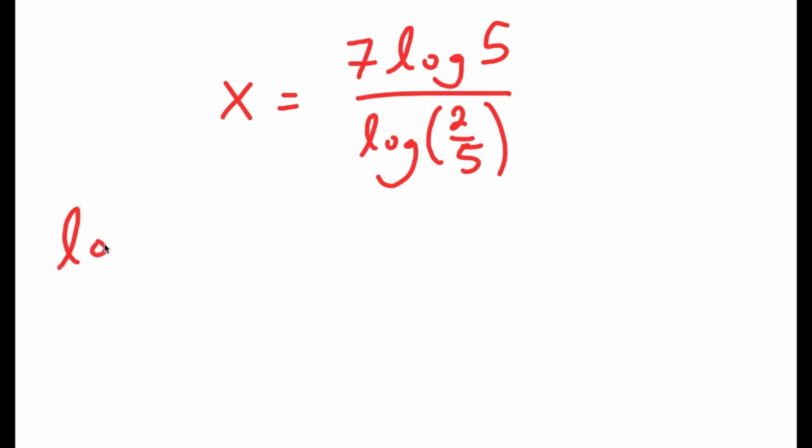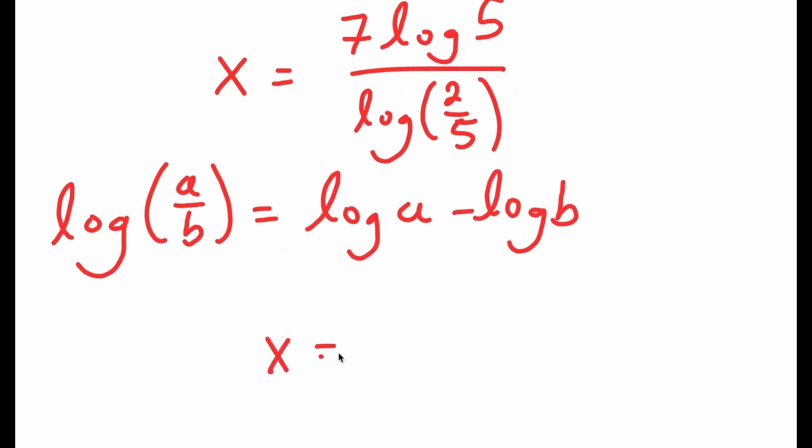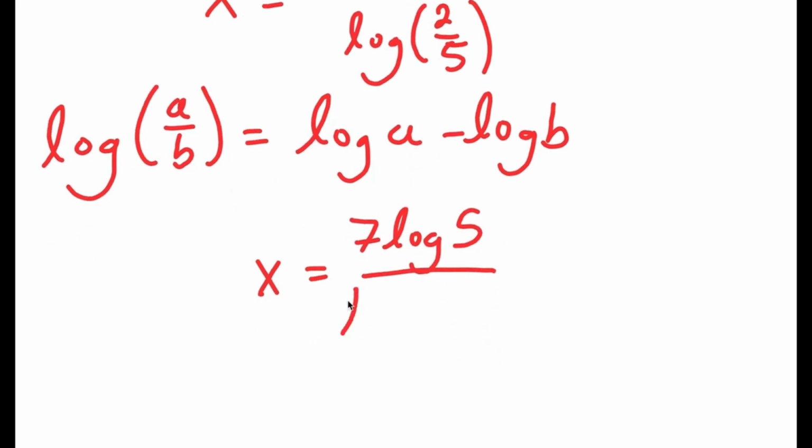So first off, if I have something in the form log a over b, this is equal to log a minus log b. So log 2 over 5, that's going to equal log 2 minus log 5.